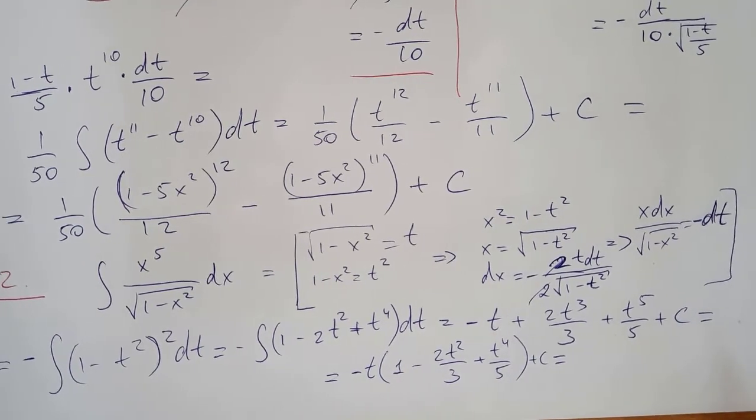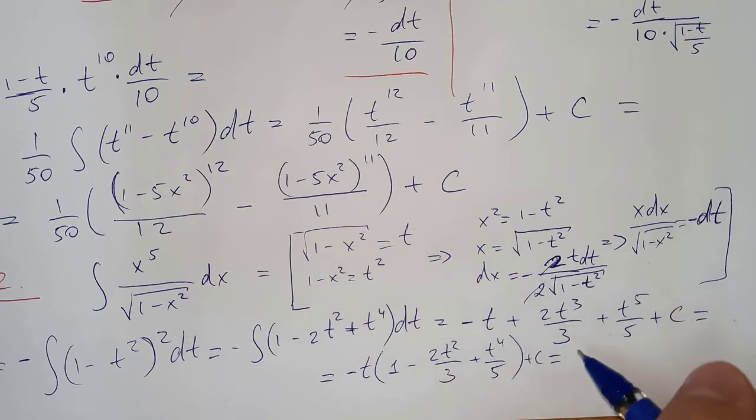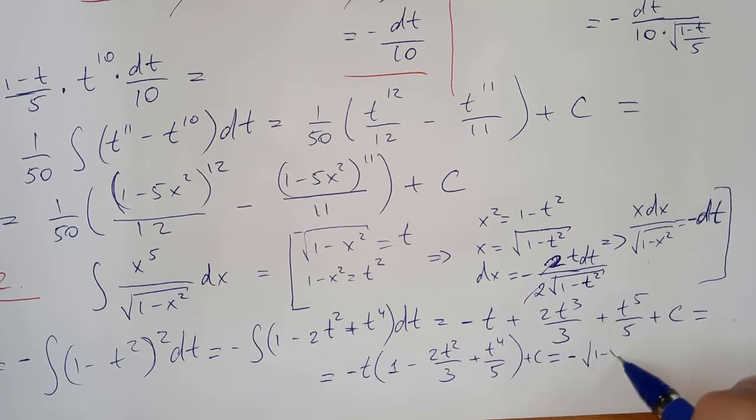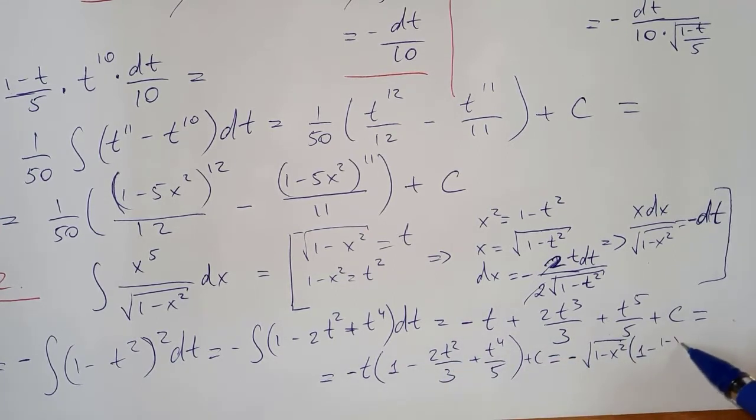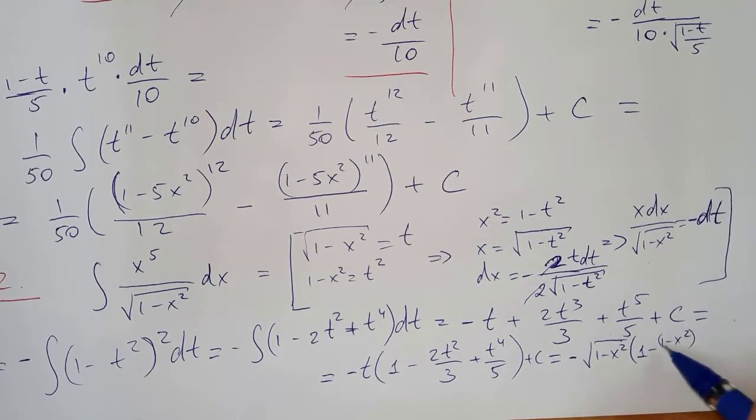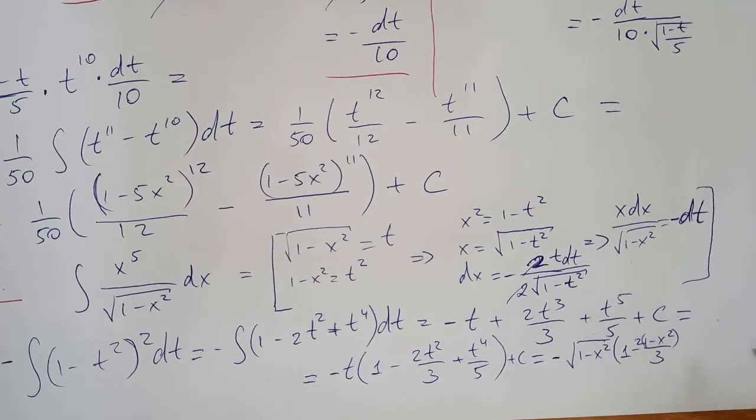And now if we replace t by our notation, we have minus the square root of 1 minus x squared, and then in the brackets it will be 1 minus, here we have t squared, so it is just 1 minus x squared, times 2, of course, over 3, and plus the last one is t to the fourth degree here, so it is this one.